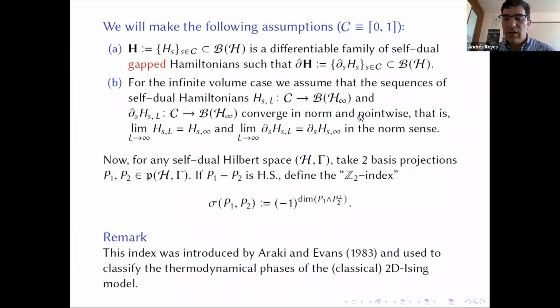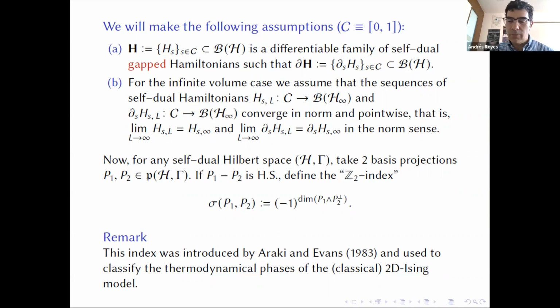Since we are interested in families of Hamiltonians and in the concept of quantum phase of matter, there is more or less an agreement that if you have a family of Hamiltonians that depend on some parameter, here I am using S for that parameter, then as long as the gap remains open, you could define these Hamiltonians to belong to the same phase of matter.